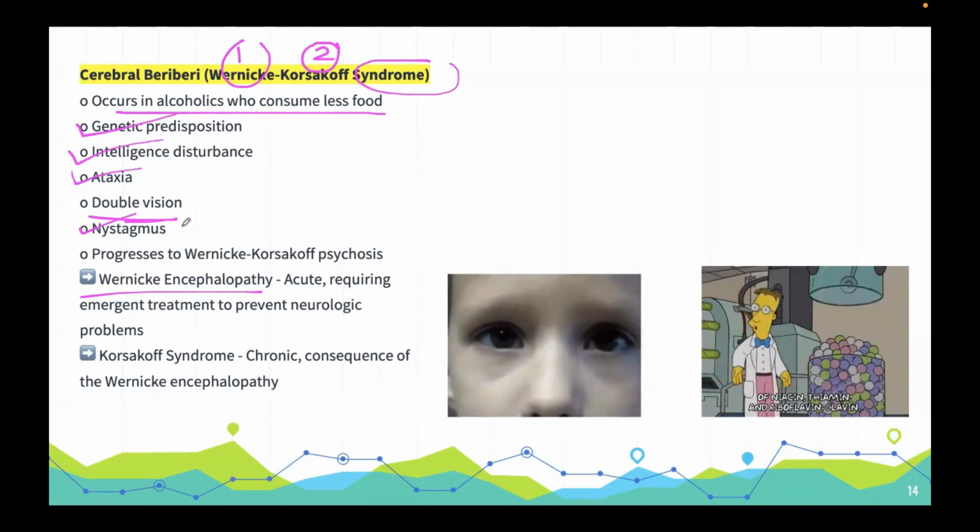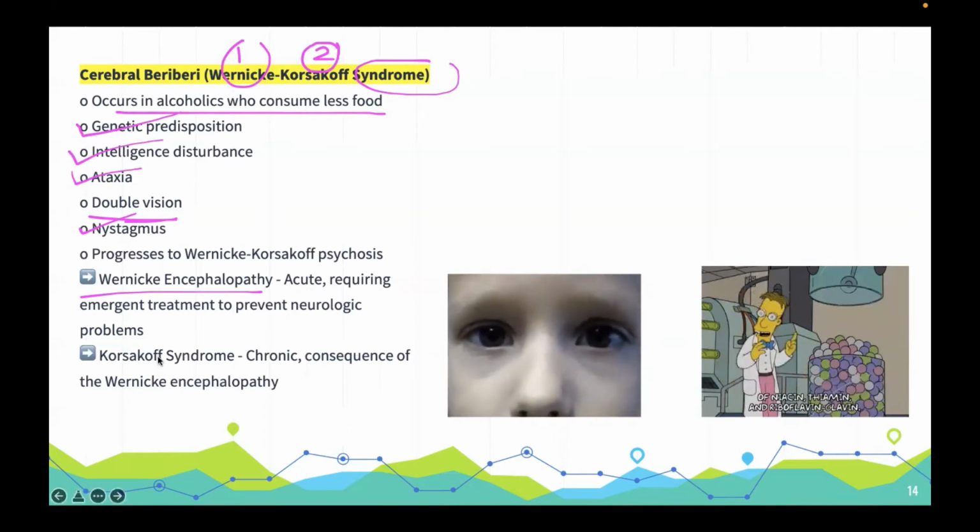So yung mga mata natin, kagaya nito, for the very, very patients, nagkakaroon po sila ng involuntary movement of the eyes or other muscles kasi hindi na sila controlled noong ating mga nerve impulses. Okay? So it progresses to Wernicke-Korsakoff psychosis. And then your Wernicke encephalopathy is an acute condition requiring emergent treatment to prevent neurologic problems. And then your Korsakoff syndrome, it is a chronic consequence of the Wernicke encephalopathy.